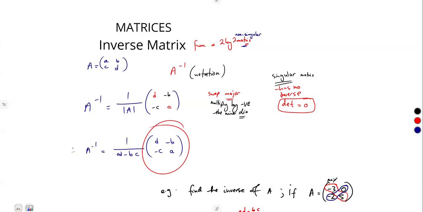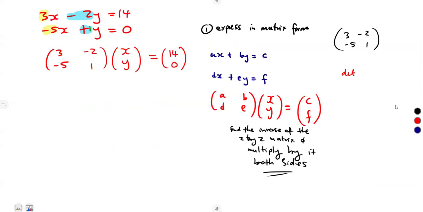Then that part follows of swapping the major diagonal and multiplying by negative the minor diagonal. But first it is the determinant, the product of the major diagonal, 3 and 1.